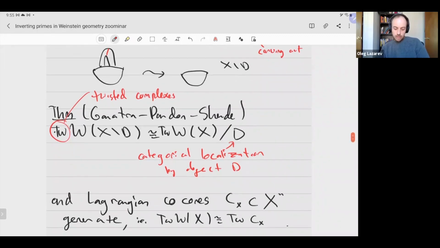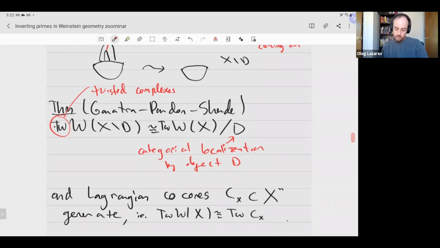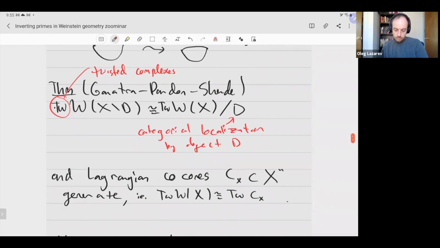And furthermore, they showed that the Lagrangian cocores of X generate the Fukaya category. So twisted complexes on arbitrary Lagrangians is isomorphic to just twisted complexes on just the cocores.